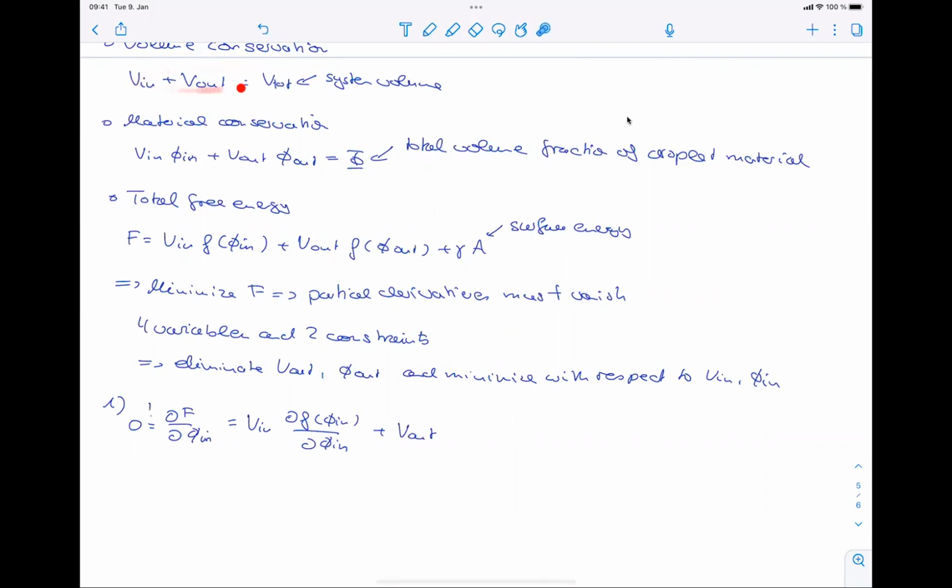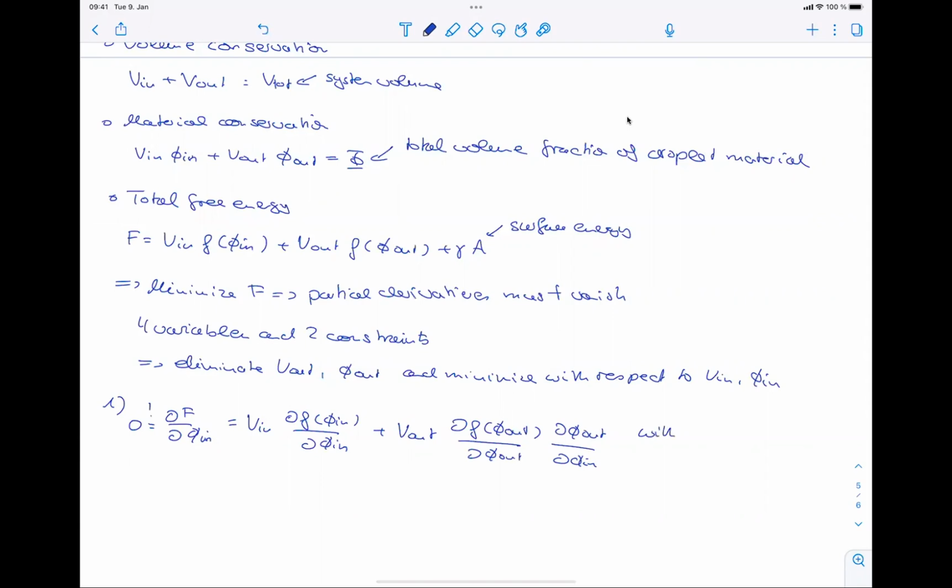If we check up here, but now here we have to consider that the outer volume fraction depends on the inner volume fraction.